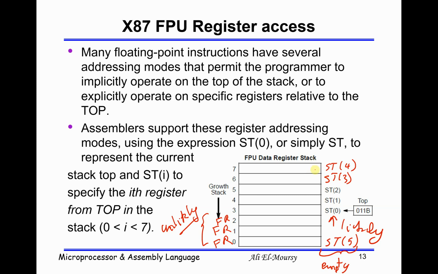You pushed data through the load into those registers only. So those other registers are still empty, and it's unlikely in this example that you are accessing ST5. You are supposed to use ST0, ST1, ST2, ST3 and ST4. These are the regular permissible values, or logically likely values to be used.